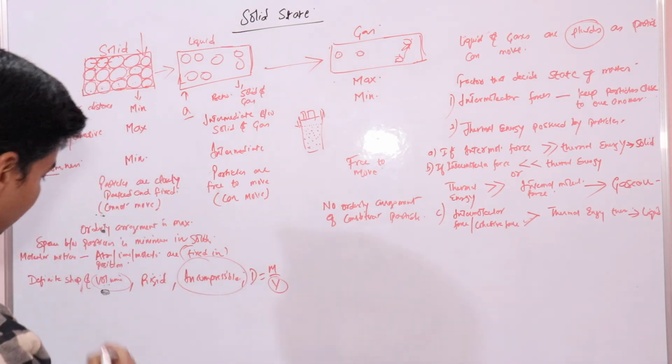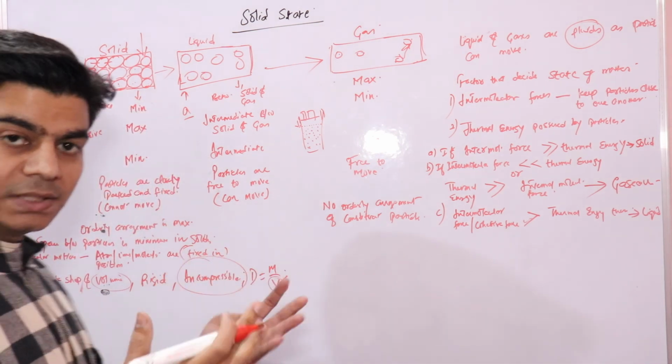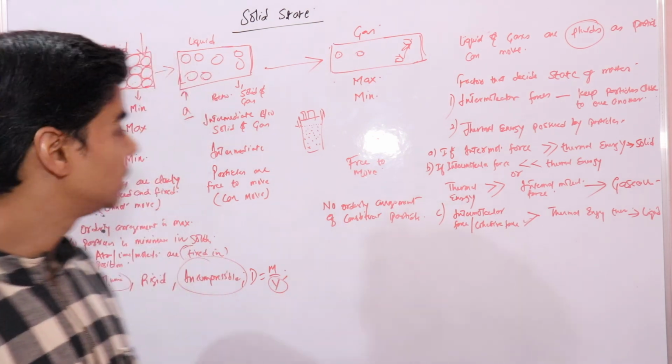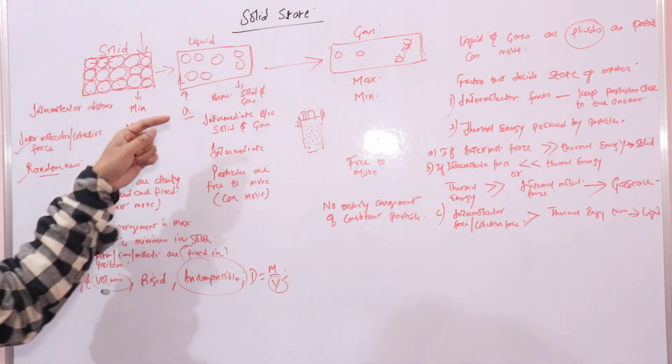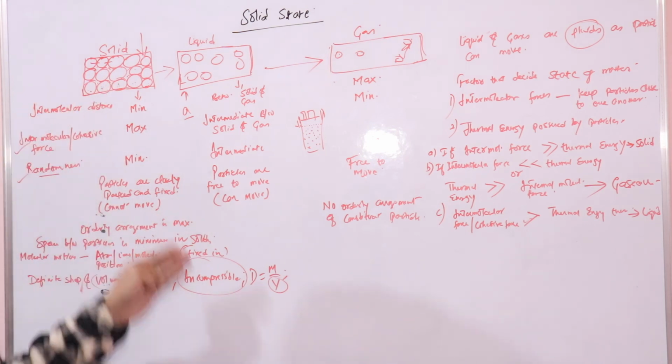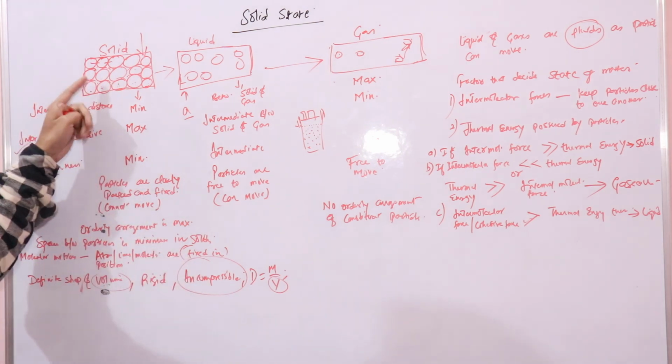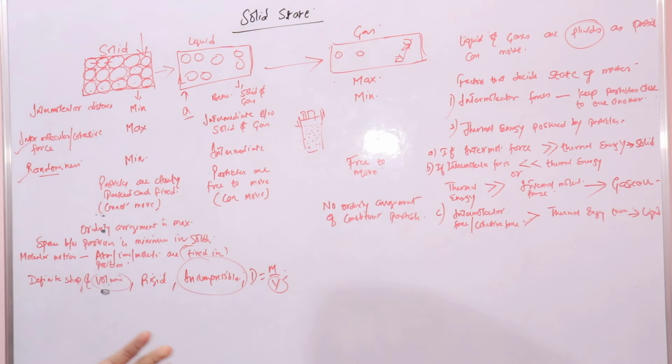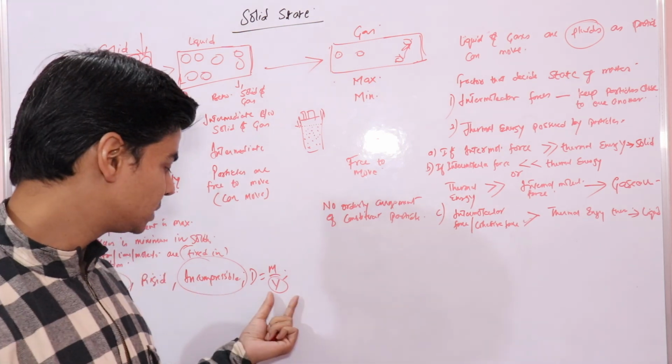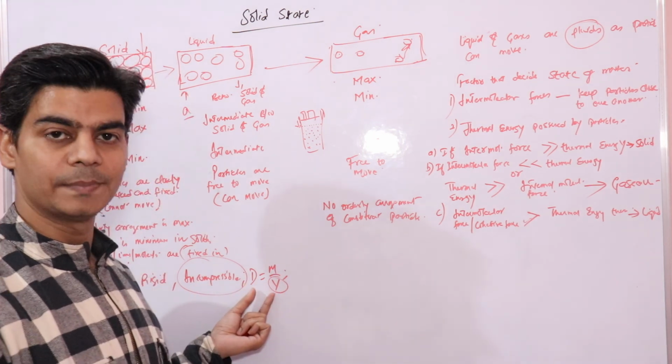That is why solids are denser. The particles are close to one another and the space between them is minimum. Since volume is minimum, density is maximum.